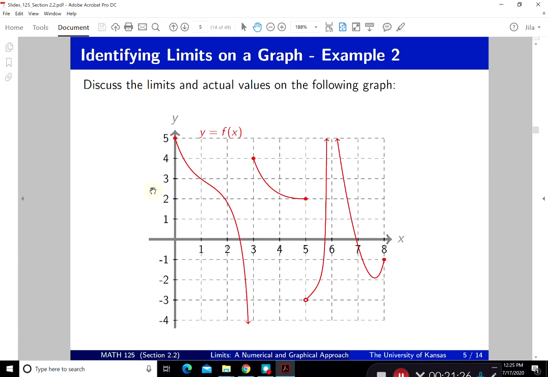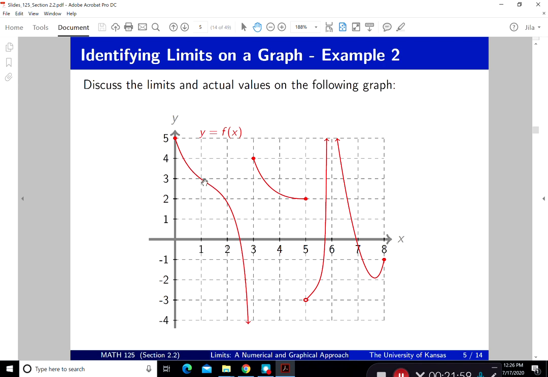In here, first, let's see, it seems that if there's no breakage in the function or no jump, then the prediction from left and the prediction from the right match the value of the function, and it's all the same thing, so it's equal to the value of the function at this point. We're kind of following that.